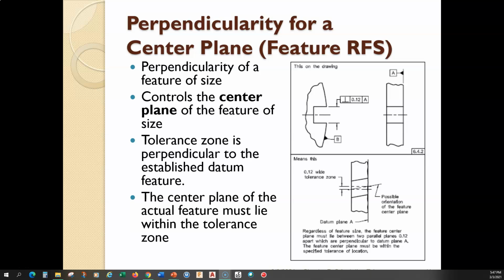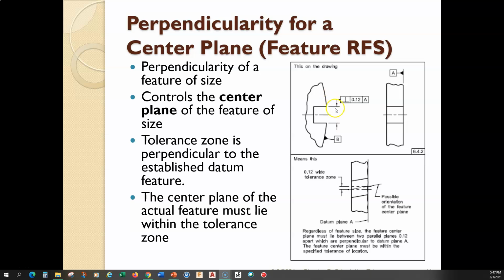All right. So what happens when we use an orientation tolerance to try to control a feature of size? Okay. So in this case, we have a slot, and you can see that the perpendicularity tolerance is attached to the width of the slot, right? So this would be a feature of size application. And what this does is this controls the center plane.